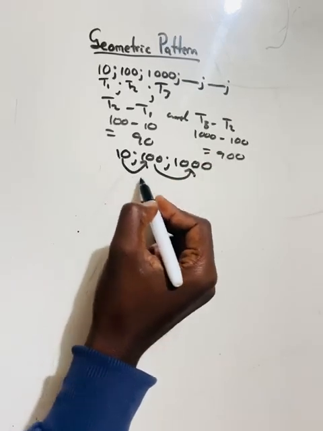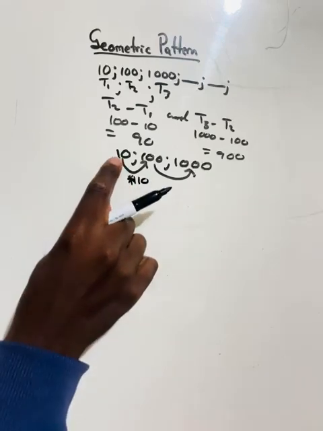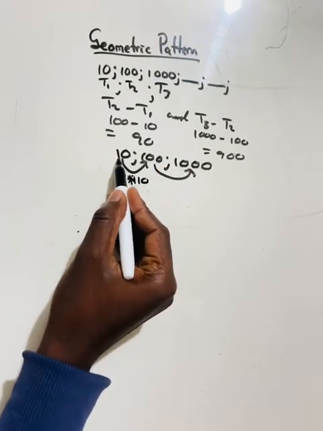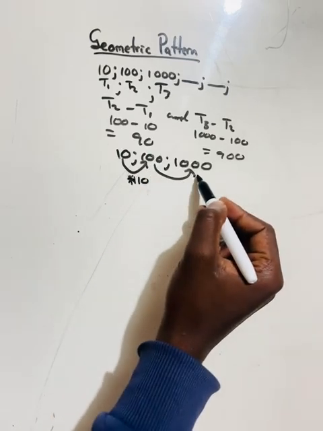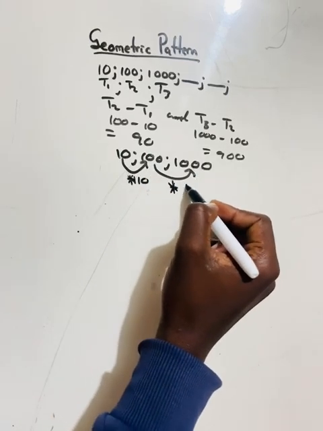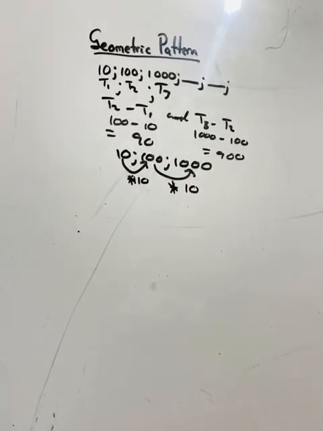But 10, we've multiplied by 10 to move away from 10 to go to 100. And to move away from 100 to go to 1,000, we multiplied by 10. This is what I'm observing through my eyes and how I understand mathematics.